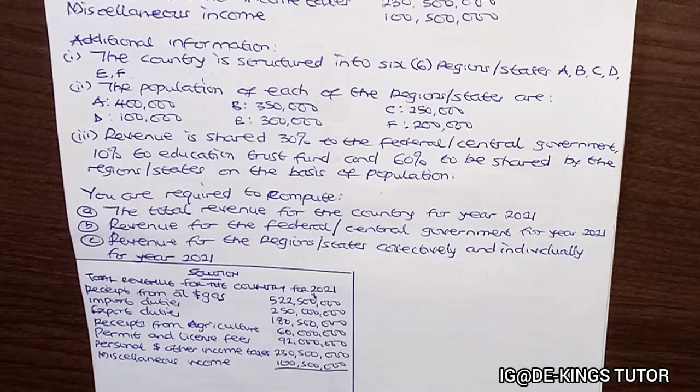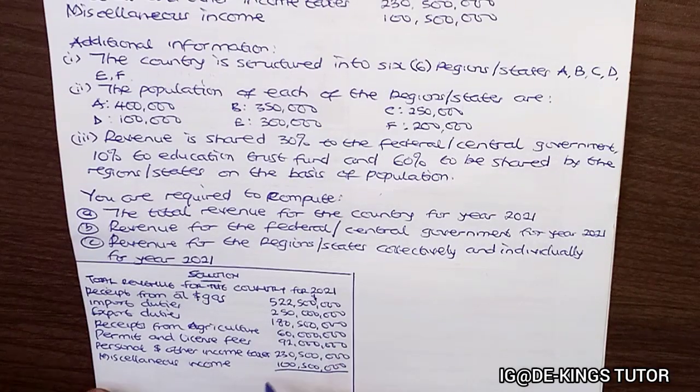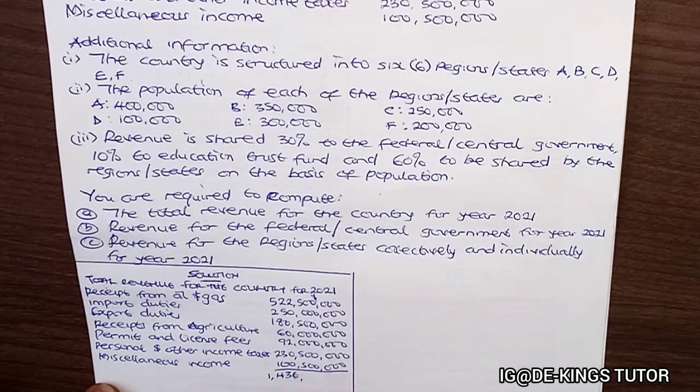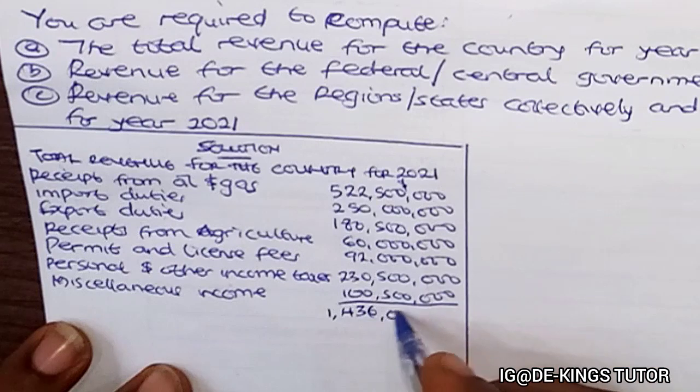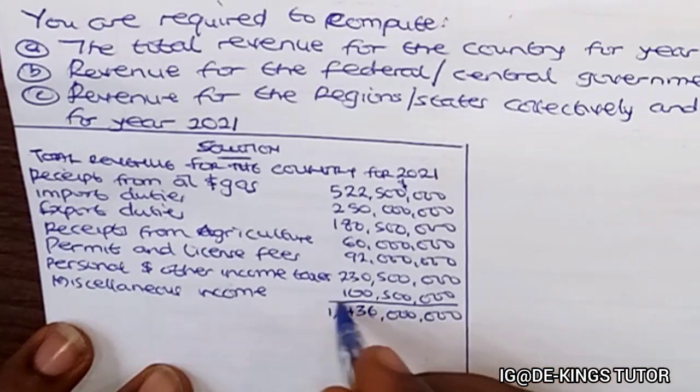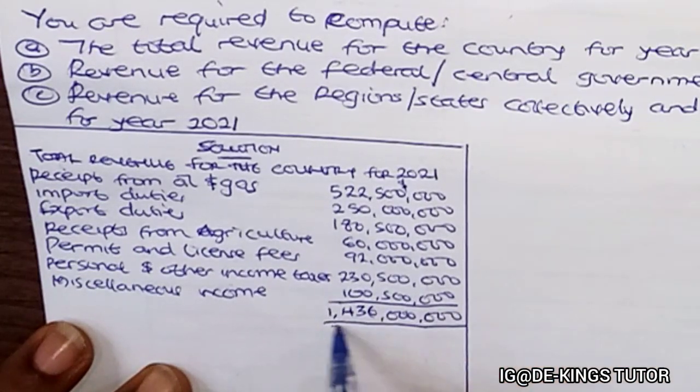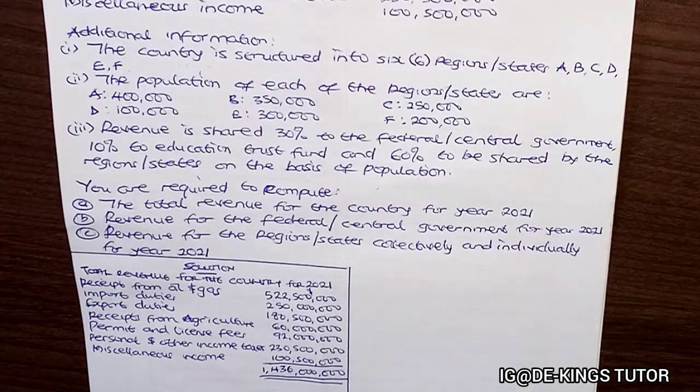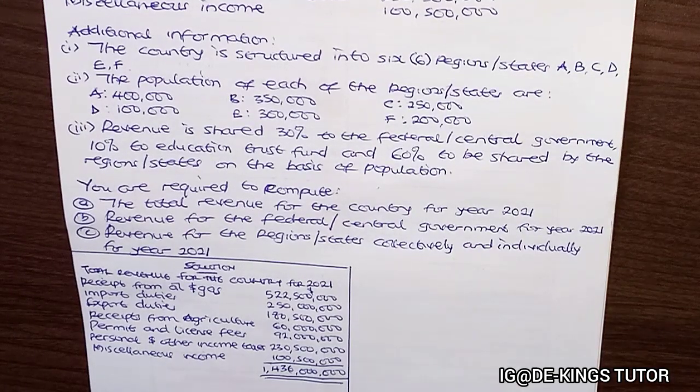If you add up all this using my calculator, it will give me $1,436,000,000. So that is that for A.